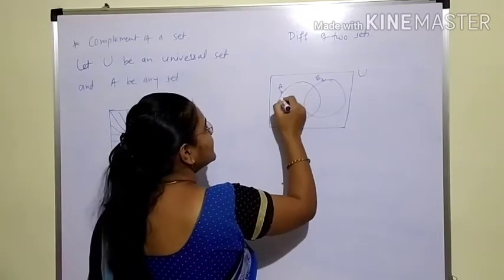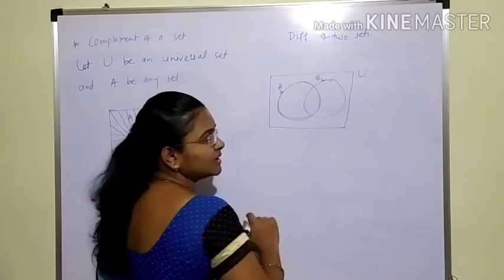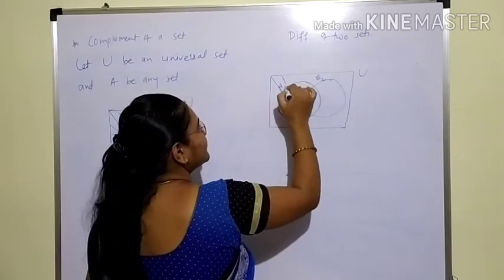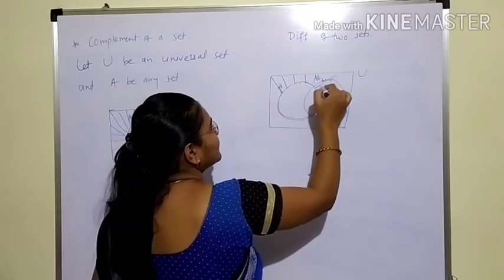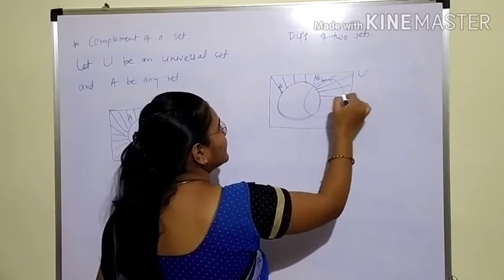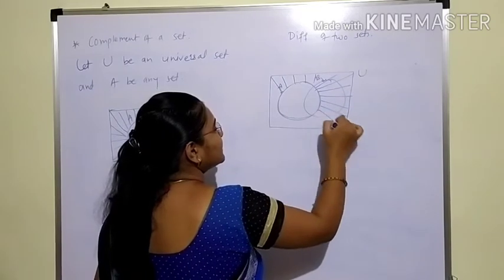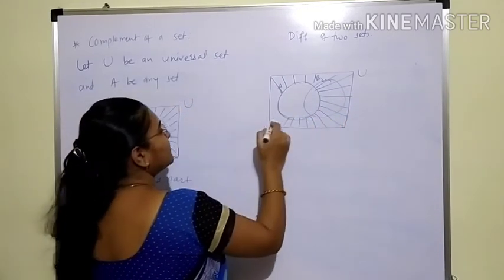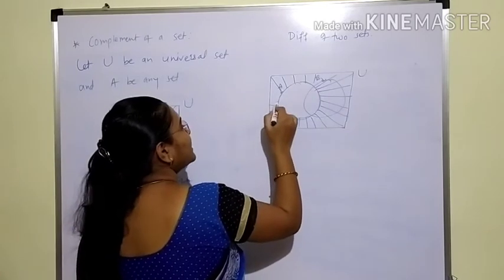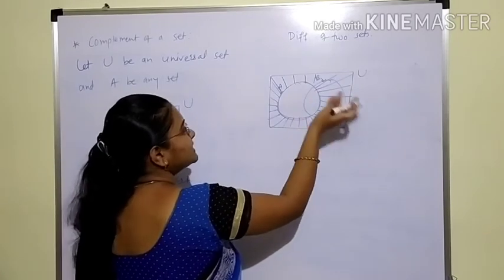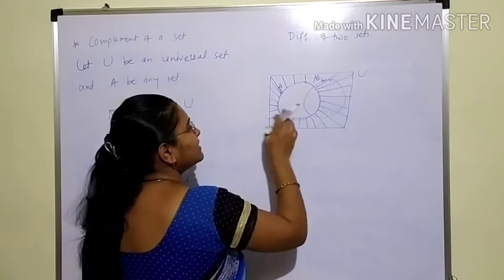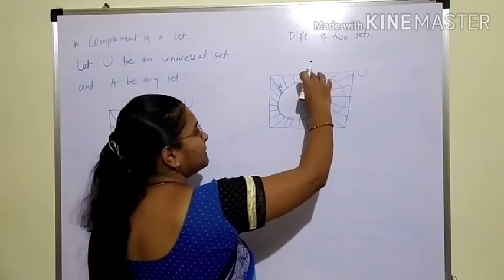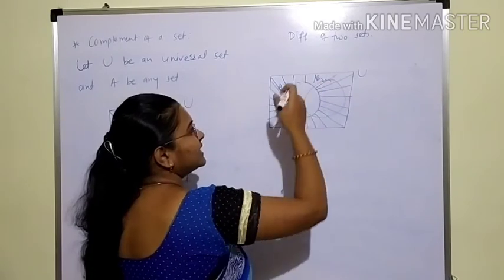Suppose this is your set A, then the complement of the set A is nothing but the same as the last Venn diagram. Here we are not considering if any set is there other than A. Here also the same diagram will be there, but here some portion of set B is there.